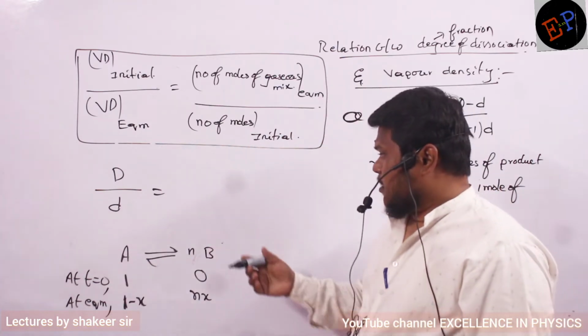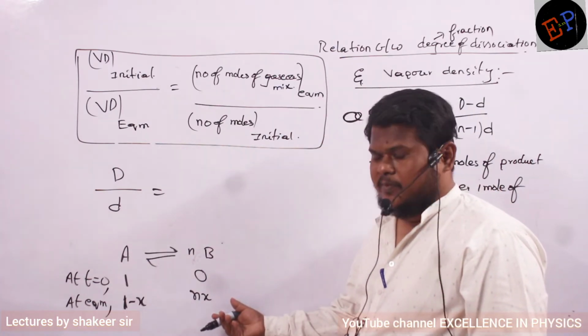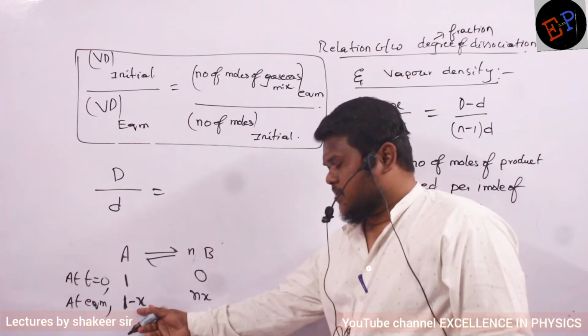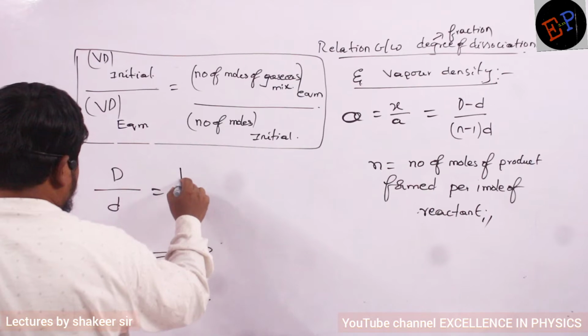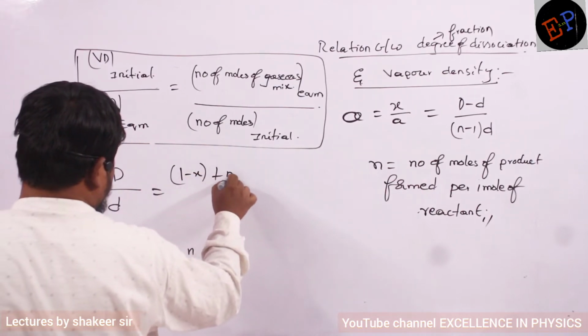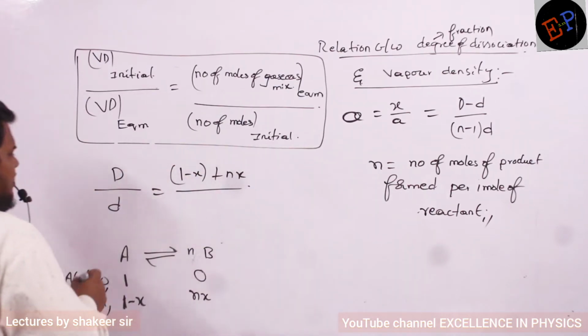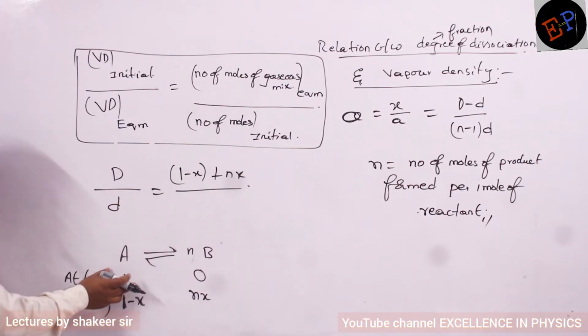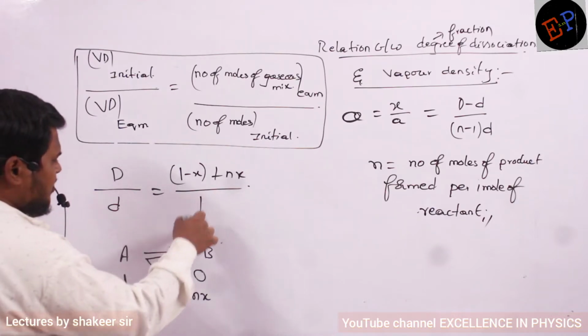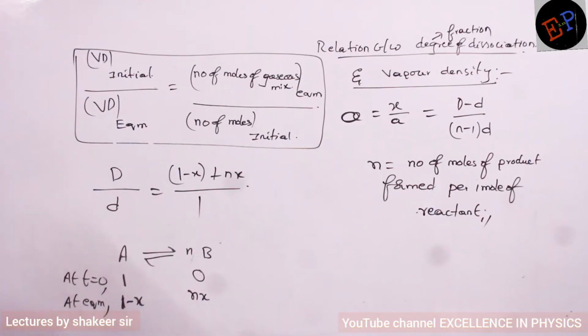How many moles of gaseous mixture is present at equilibrium? 1 minus x plus n into x, that's all. So I will write 1 minus x plus nx divided by the number of moles initially. Initially only reactant was there, and only 1 mole was present, so divided by 1. Are you able to understand?